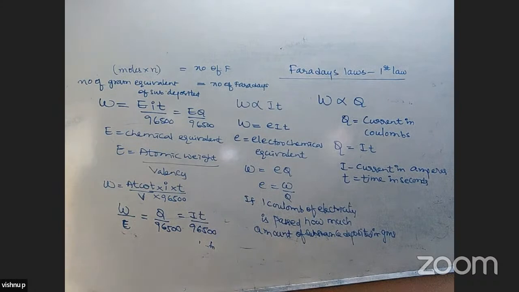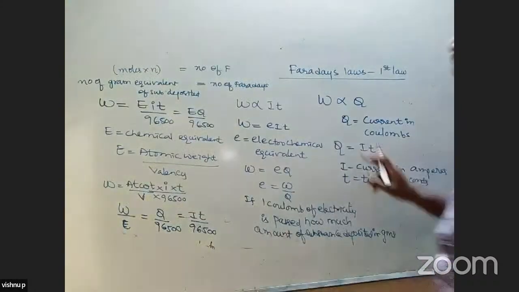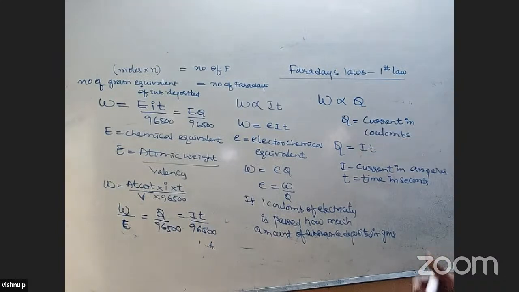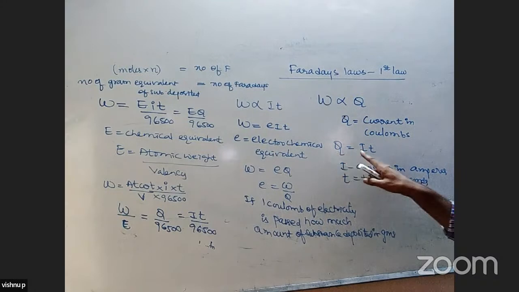What is Faraday's first law? The weight of a substance is directly proportional to the strength of current in coulombs. Again, strength of current in coulombs is equal to current in amperes into time in seconds.